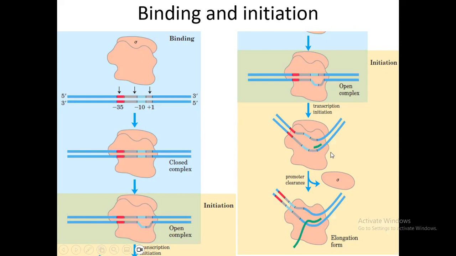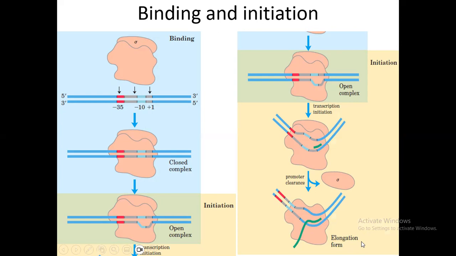As soon as a short stretch of RNA of about 50 to 70 ribonucleotides is synthesized, then sigma subunit leaves the RNA polymerase core enzyme to continue with the elongation steps. So now the elongation stage will continue.